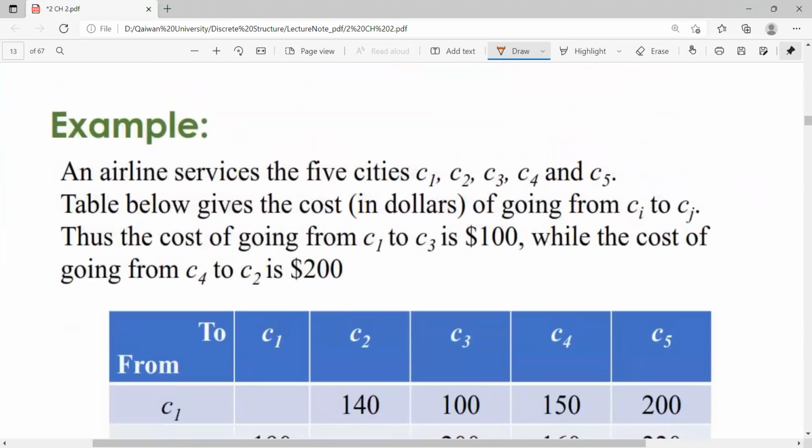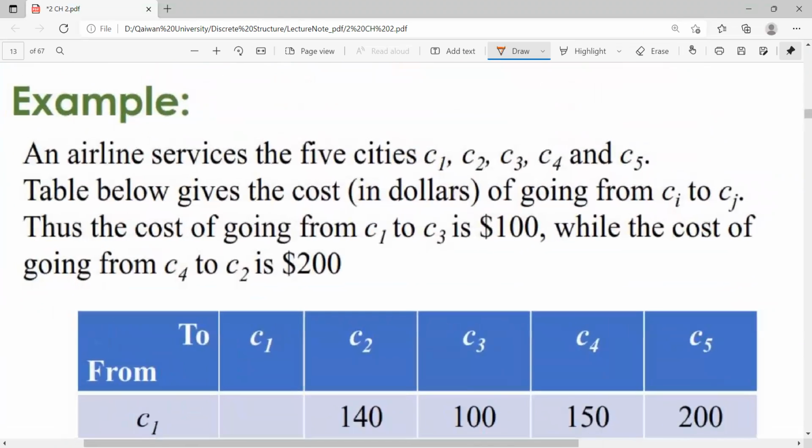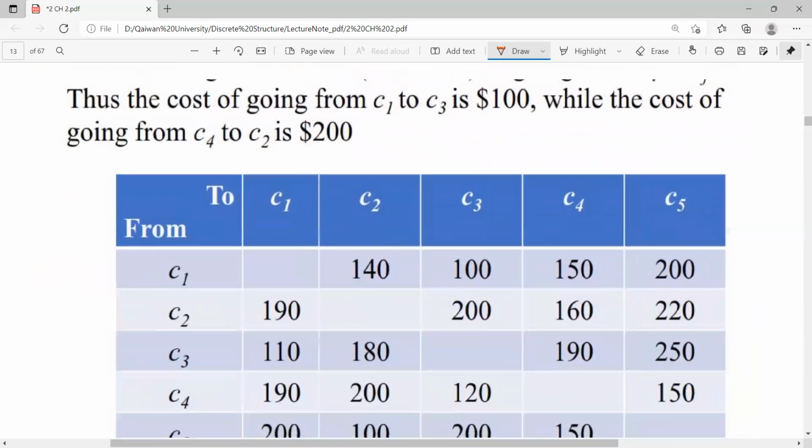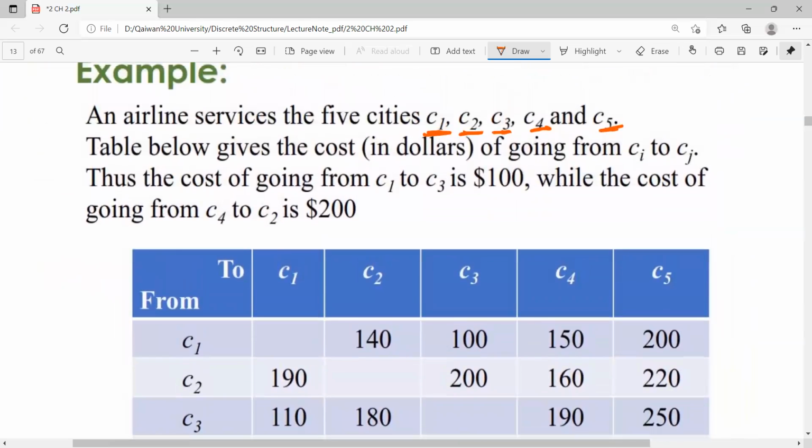And you have this example. It says, an airline services the 5 cities, C1 up to C5. C1 represents CT1, CT2, CT3, CT4, and CT5. This table below gives the cost in dollars of going from Ci to Cj.